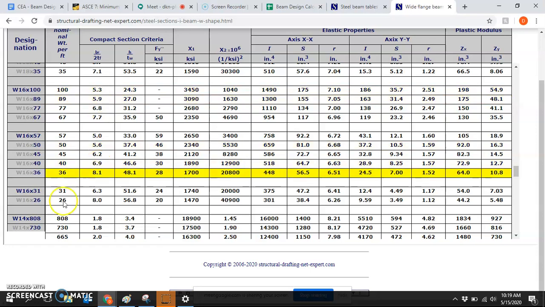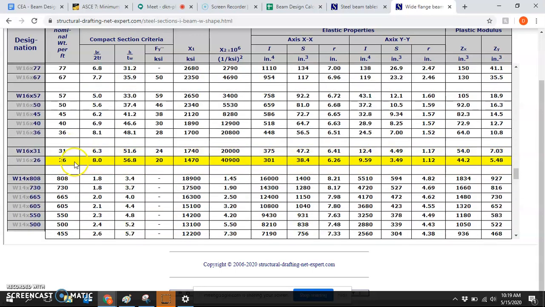Well, I see W16x26, which weighs the same as the W14x26. So which one would you choose, a W16x26 or a W14x26? Well, you would look at which one's stronger, right?